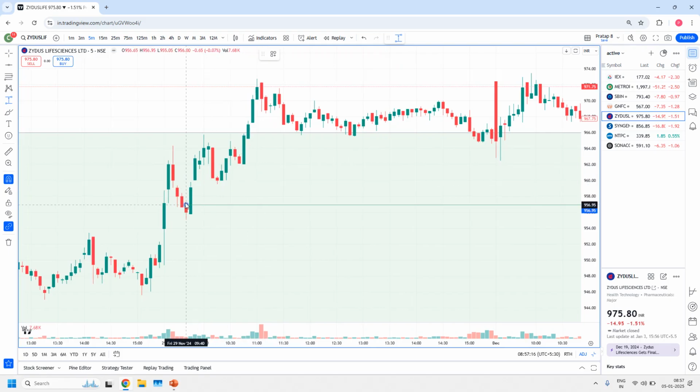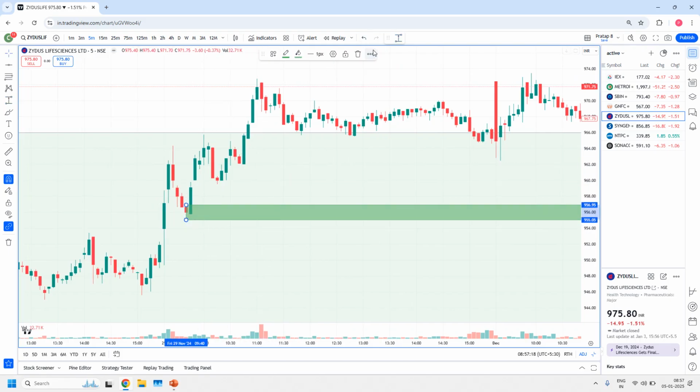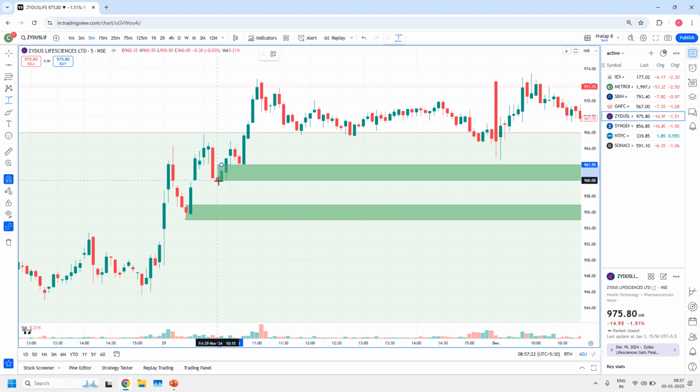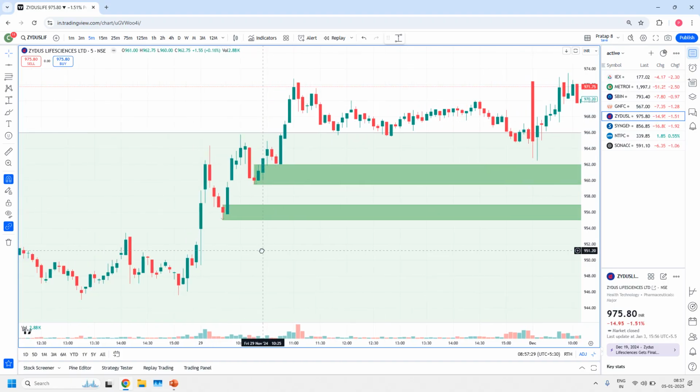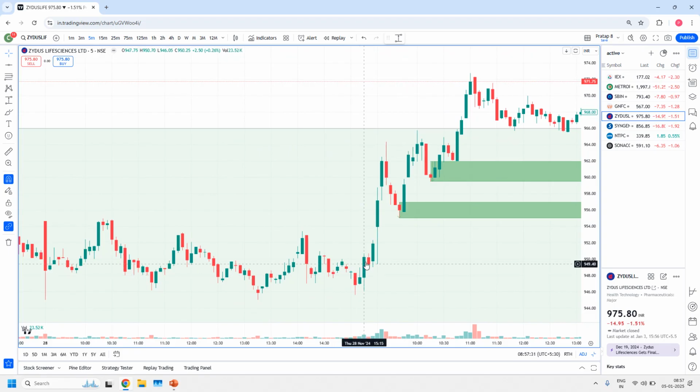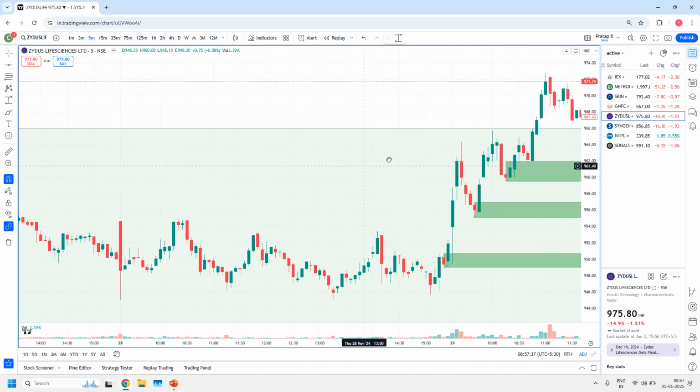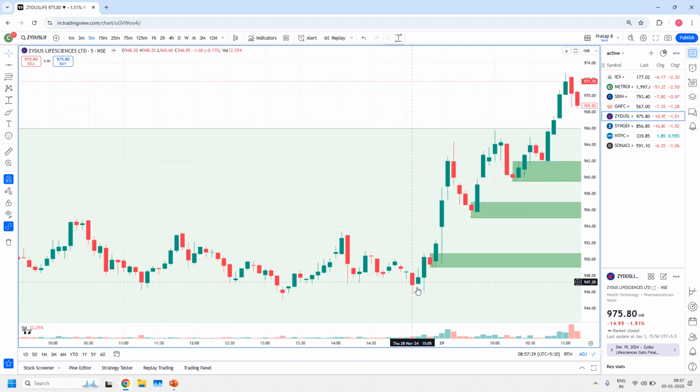Okay, drop, base, rally. Here also drop, base, rally. Here rally, base, rally. Here drop, base, rally, LOTL.